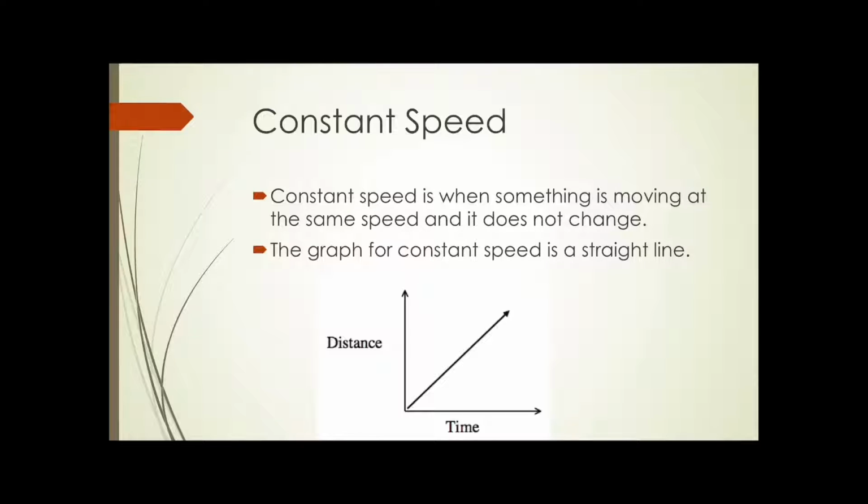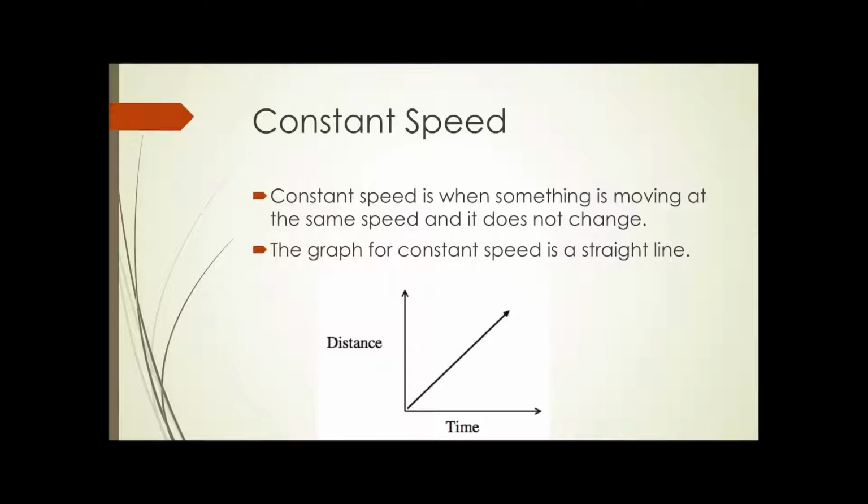Constant speed. This is when something is moving at the same speed and it does not change. So this would be like you driving down I-35 at 70 miles an hour with your cruise set. And assuming you don't have to do any lane changes, the I-35 is completely empty, you're the only car on the road, you could drive 70 miles per hour for a while, and you would be going at a constant speed of 70 miles per hour.